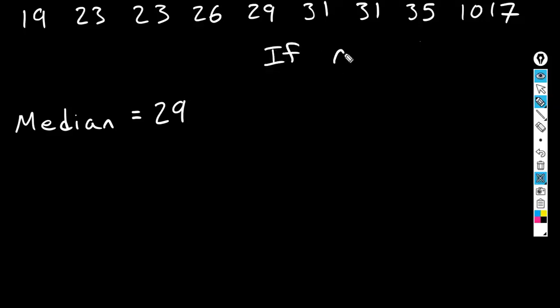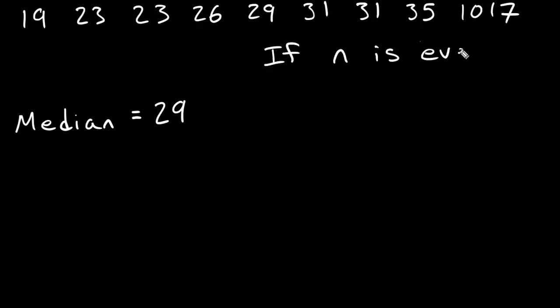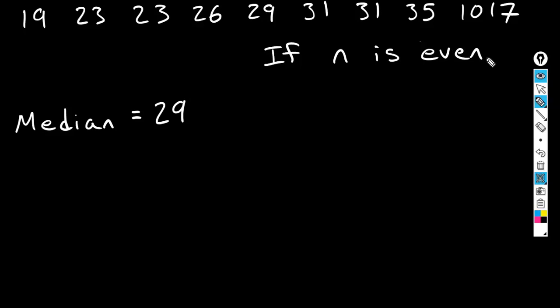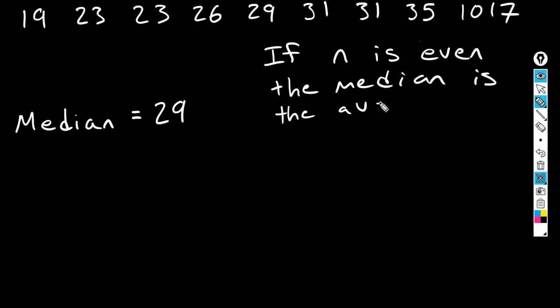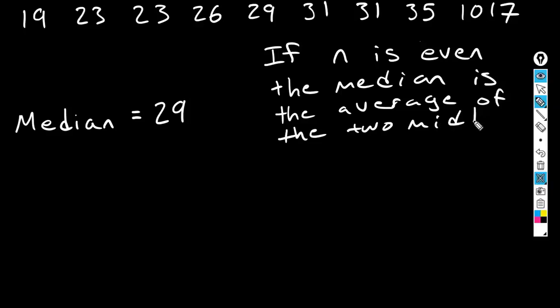If your sample size is even, so here we had an odd number of samples, our sample size was odd at 9, if it's even, then the median is the average of the two middle values.